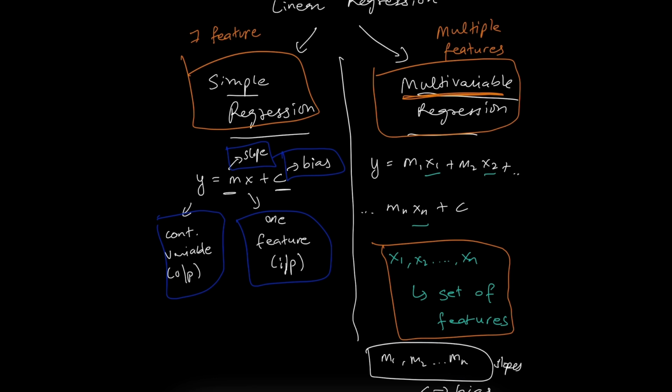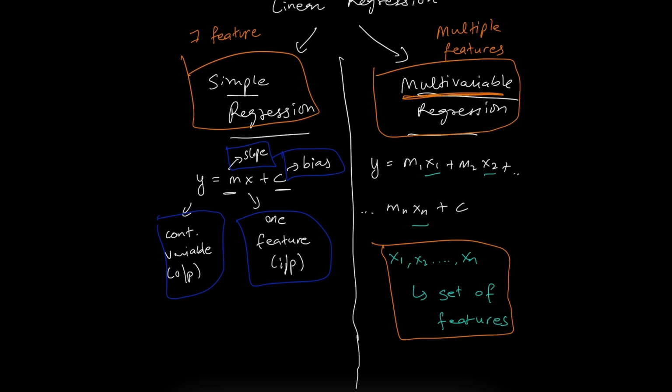So basically everything that we just discussed in simple regression is the same as in multivariable regression, including we can have a similar cost function. We will also apply gradient descent. We also need to set the learning rate to optimize the weights and then decrease our cost, and basically that will get us to a point where we get optimal values of slope and bias that will give us the minimum cost.